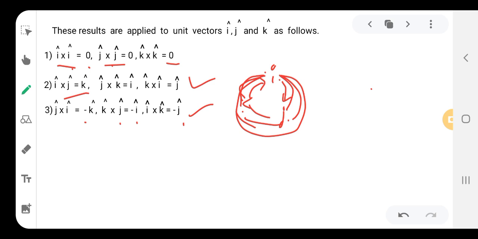So now let us see the properties in terms of the determinants.